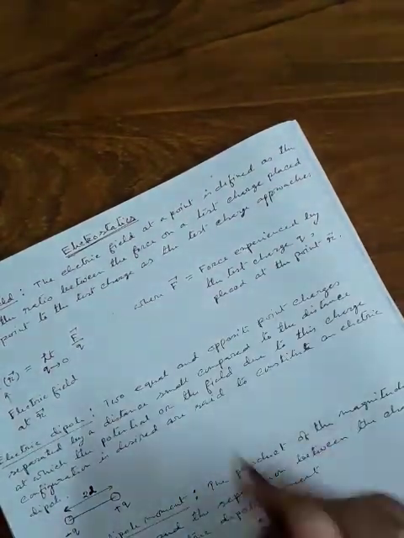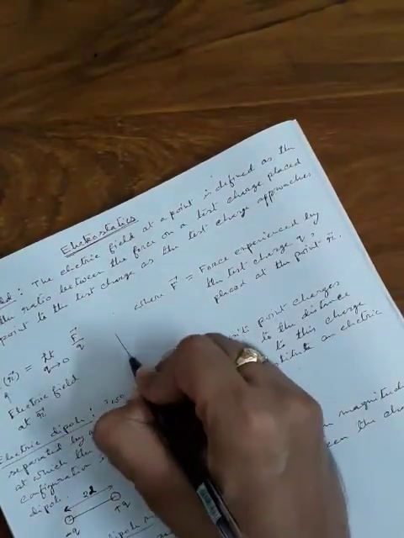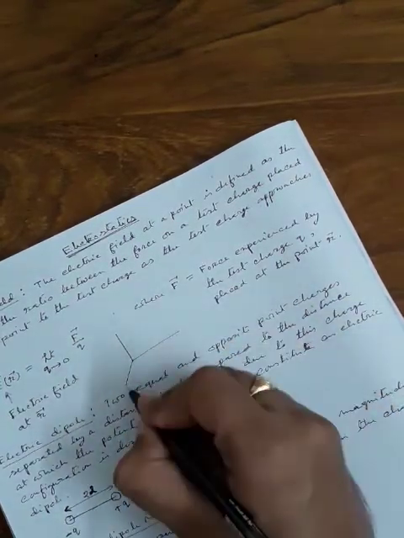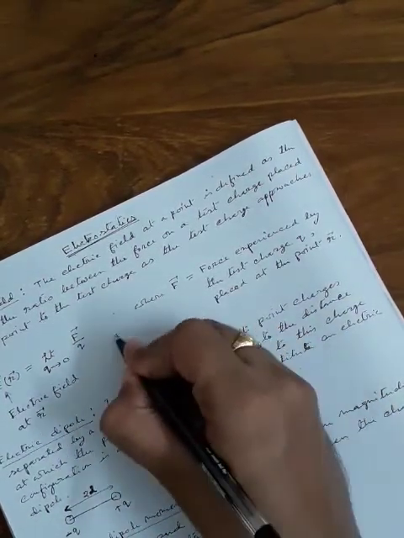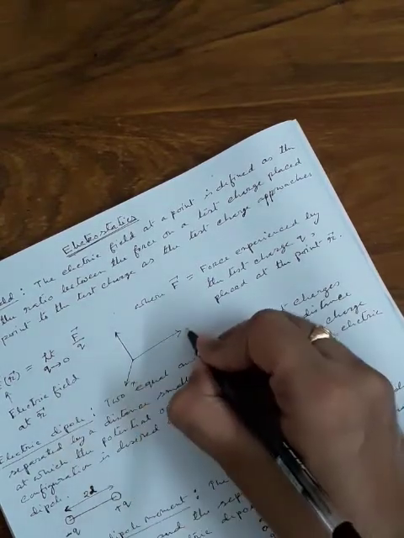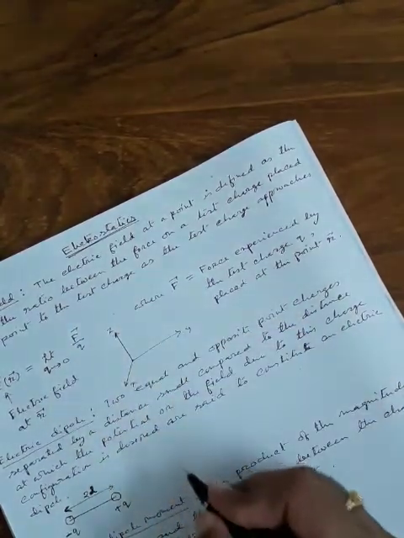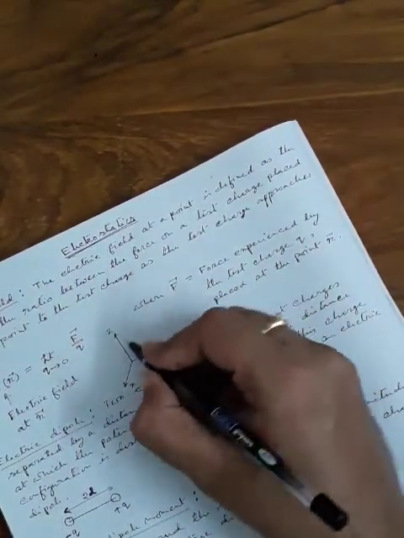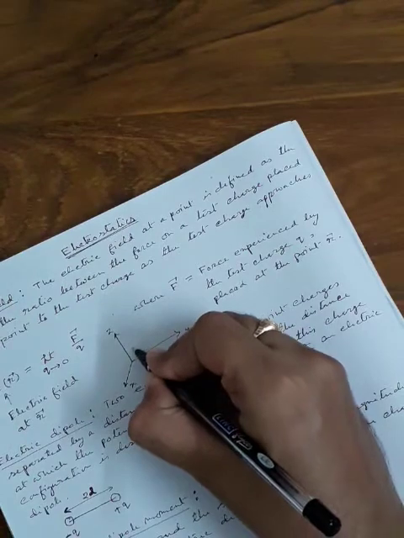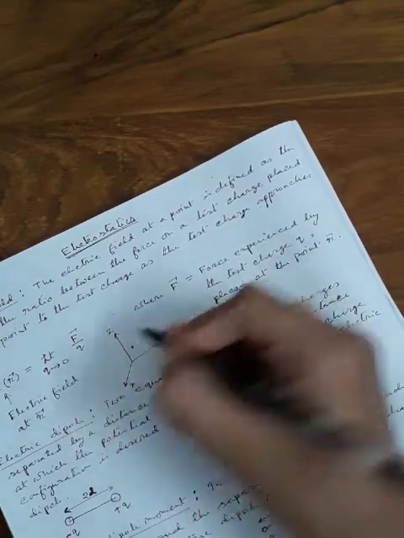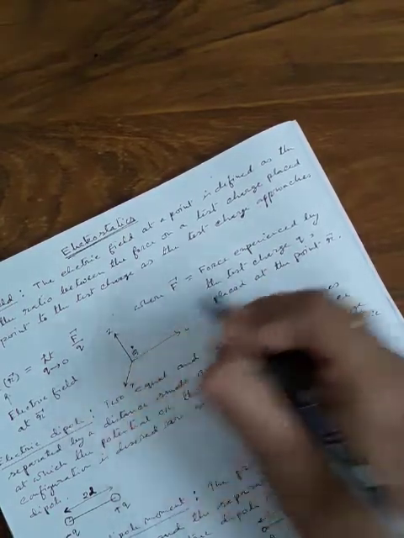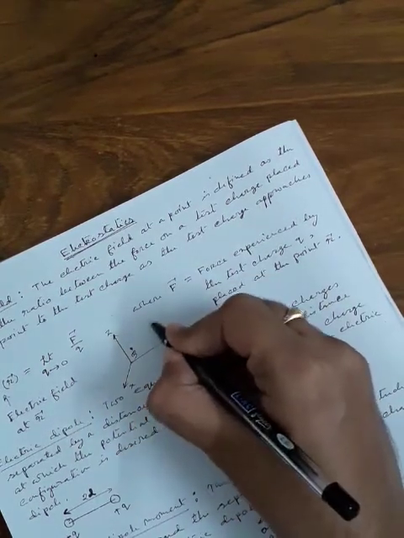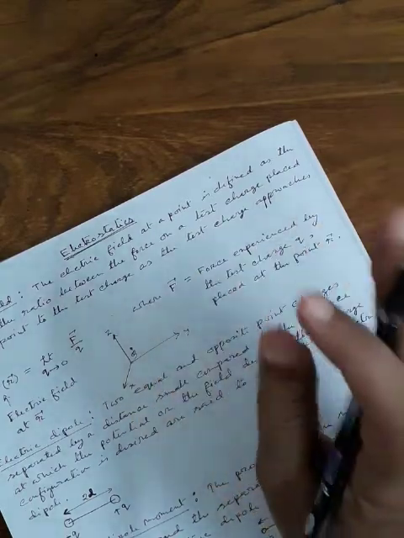If we define this in graphical form, we can take the Cartesian coordinate system. This is x, this is y, and this is z. Suppose there is some charge distribution, say there is a charge q. Due to this charge, there can be an electric field.